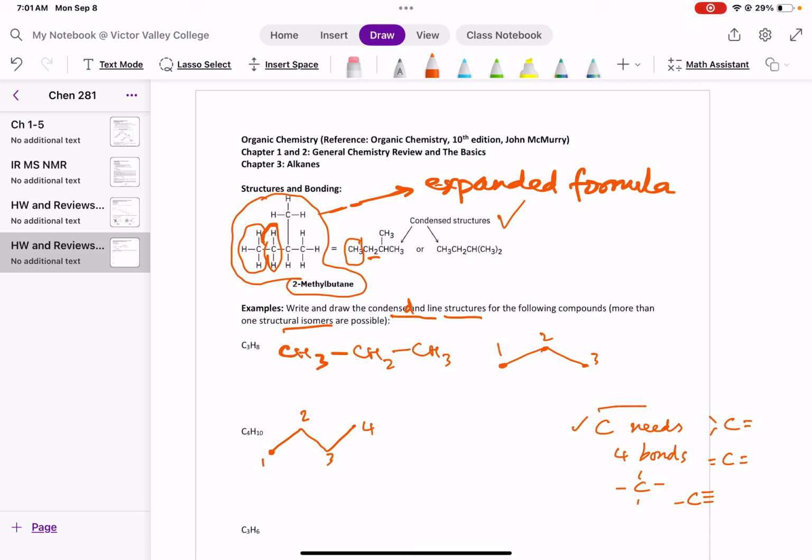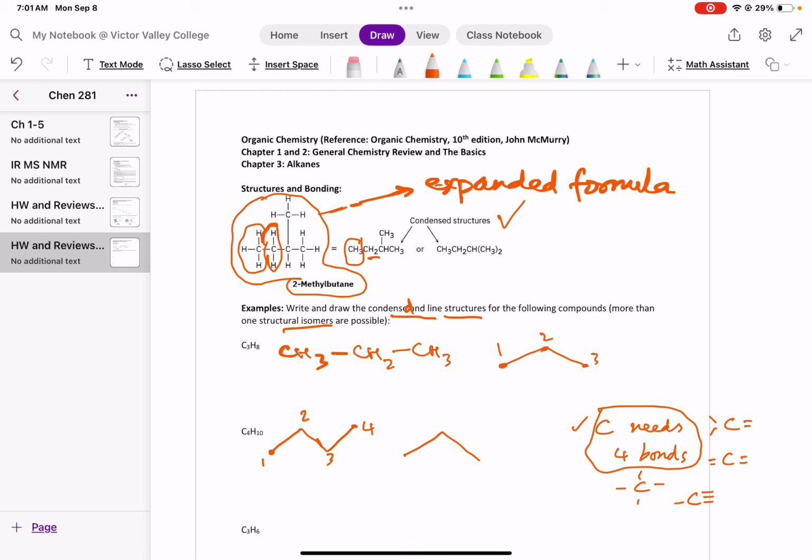All right. Now we've got CH3, CH2, because it already has 2 bonds so it only needs 2 hydrogens, CH2 and then CH3. So 3 plus 2 is 5, plus 2 is 7, plus 3 is 10. That's perfect. Now watch.